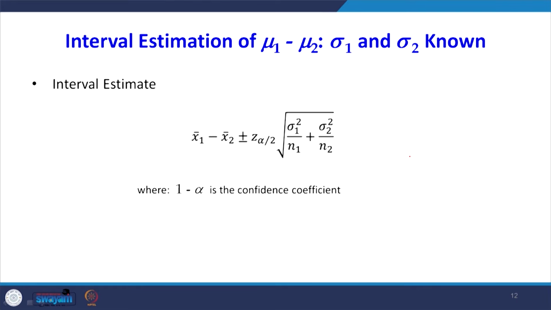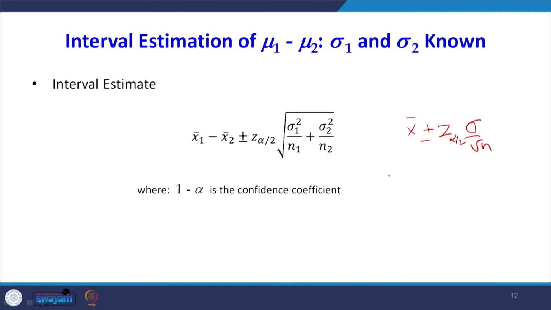This was for two samples. If it is one sample, you remember that it is x bar plus or minus z alpha by 2 sigma by root n. So, this equation is just extended for two sample populations.